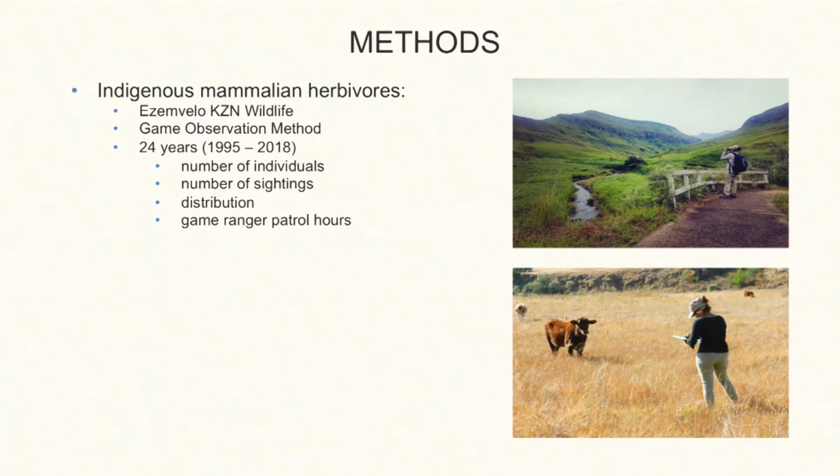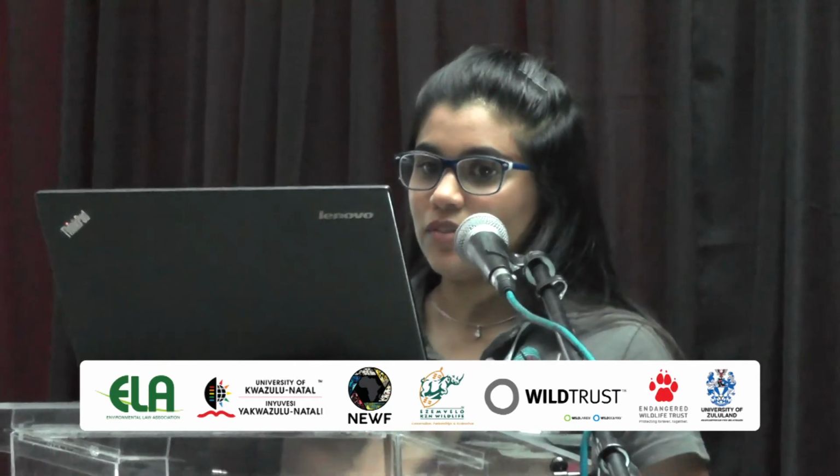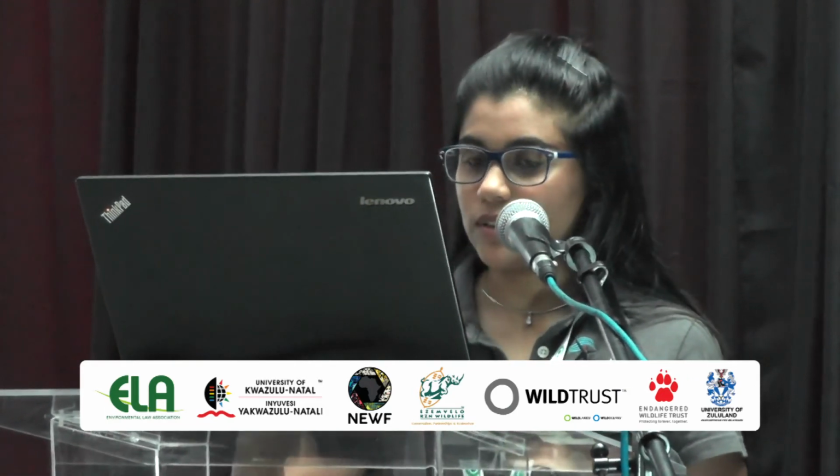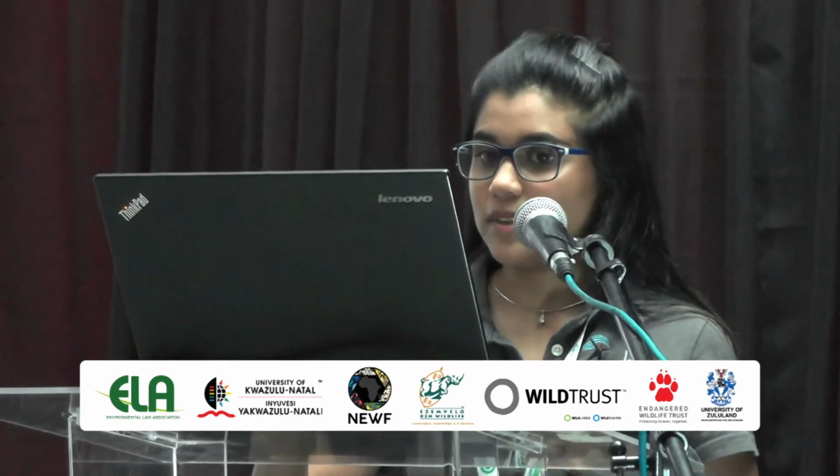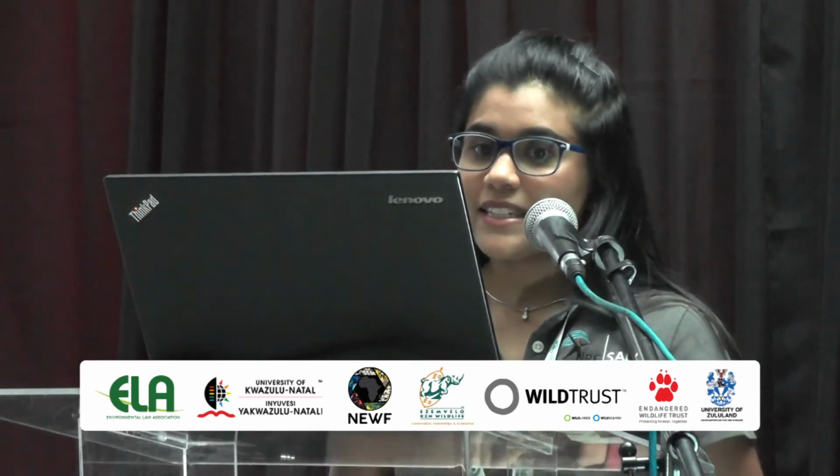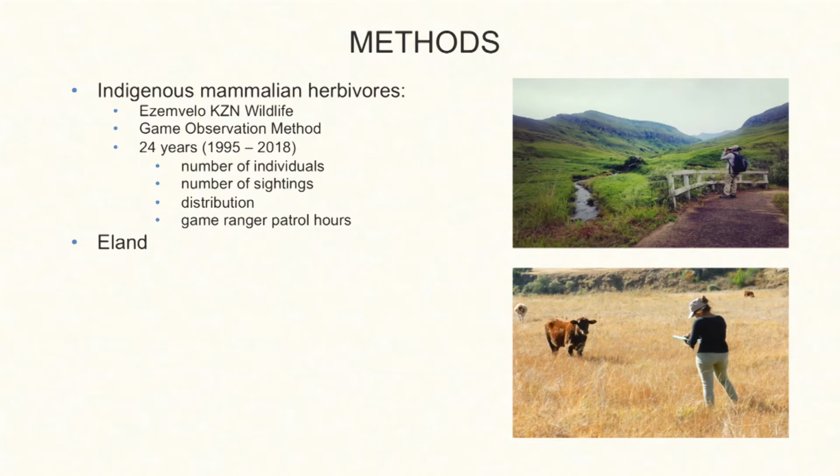Izimvelo KZN Wildlife uses a game observation method as part of an ongoing monitoring program over 24 years, recording number of individuals, number of sightings, distribution using grid cells, and game ranger patrol hours. And this is done for a number of animal species. The eland are analyzed separately on account of more reliable data being available through aerial surveys.